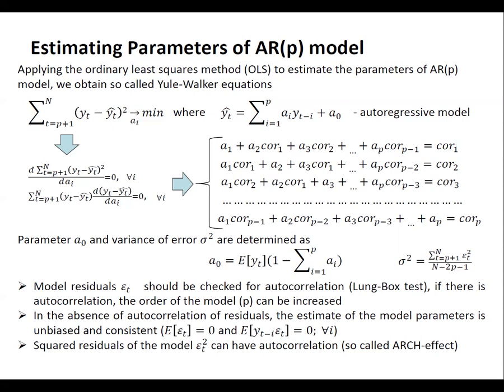When we use the least squares method to estimate the parameters, an important requirement is that we still have residuals epsilon t that do not have autocorrelation. This is an important theoretical requirement.